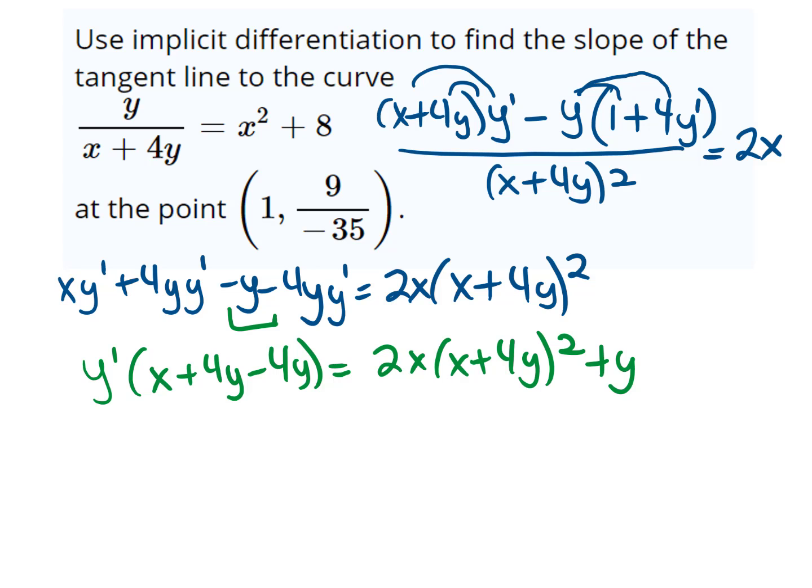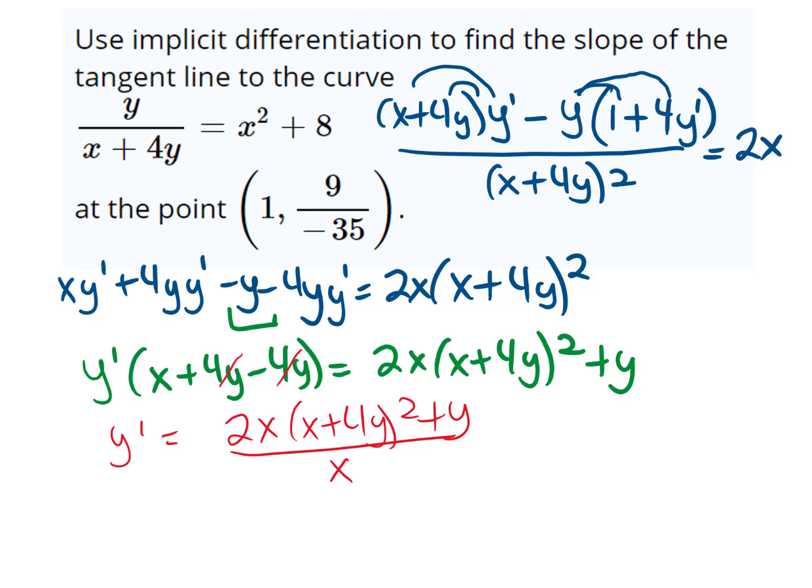All right, well, it looks like this 4y and this will cancel, and so now I have the derivative y prime equals 2x times (x plus 4y) squared plus y, all divided by, just this x was left, so divided by x.